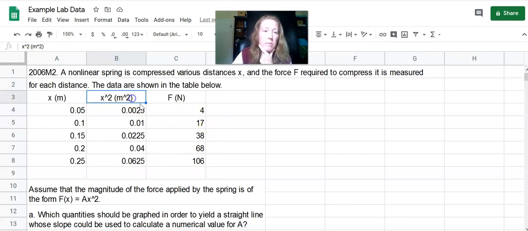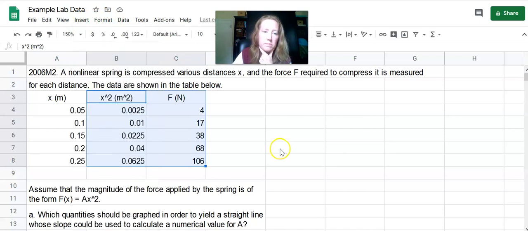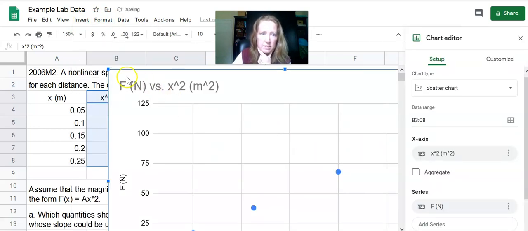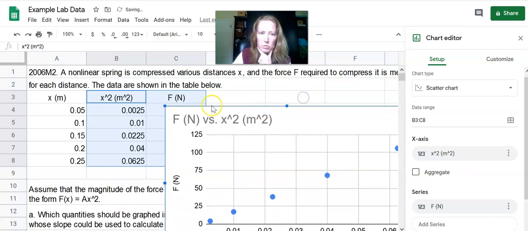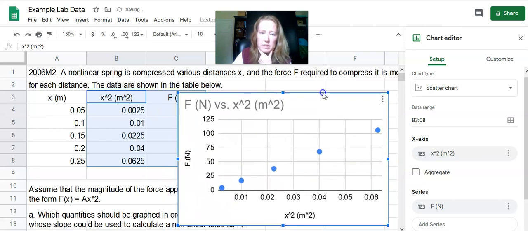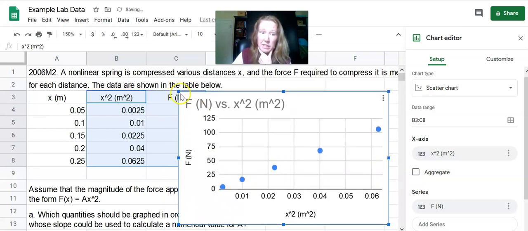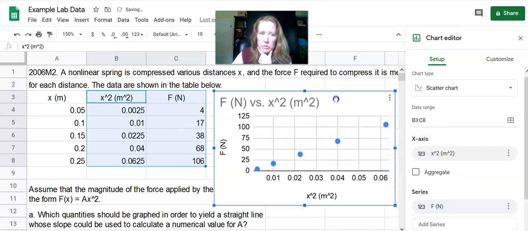Okay, so now I'm going to make a new scatter plot of my new information so that I can graph that. Make this visible to you. And now I'm going to see that this looks linear. Shrink this down where you can see it.